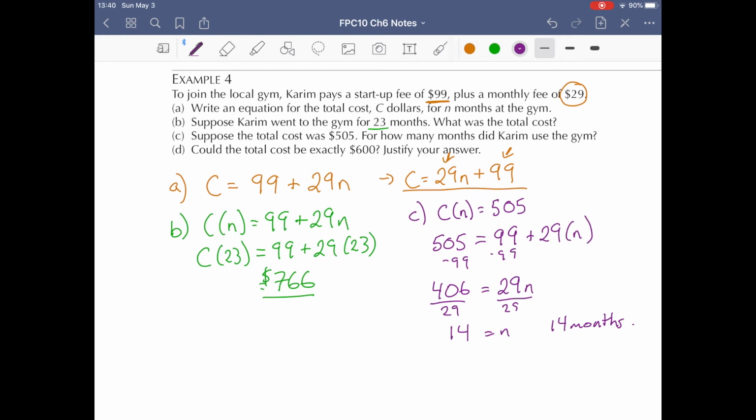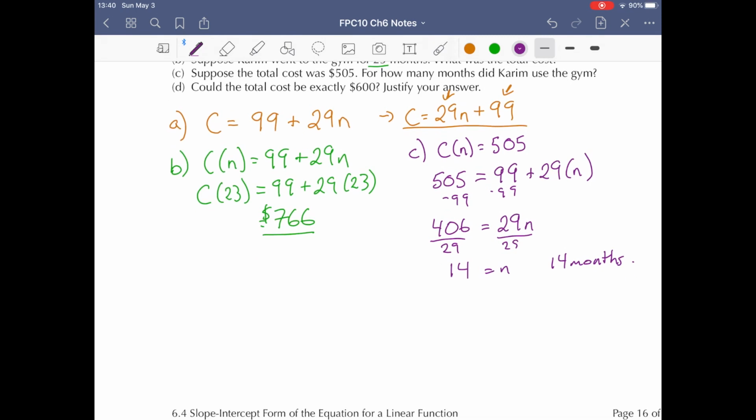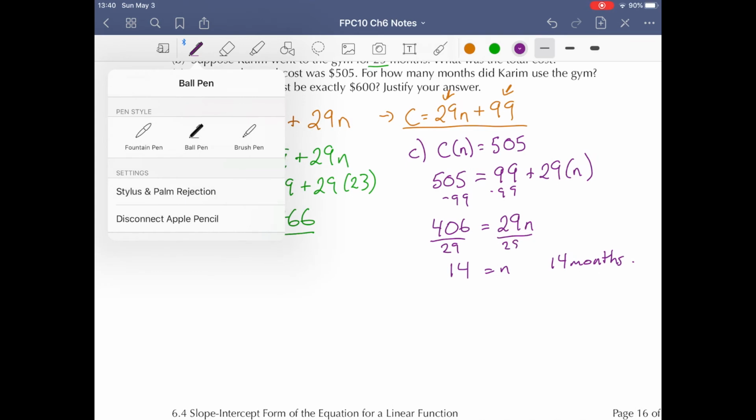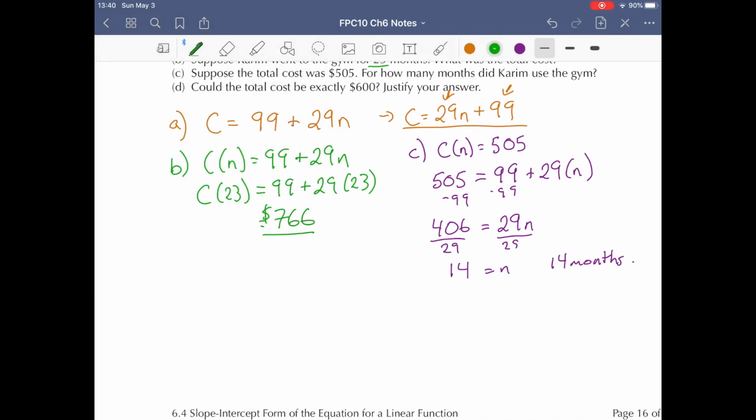Okay, our last one. Letter D. Could the total cost be exactly $600? Justify. Well, you only ever pay in whole number months. So let's see if a total cost of $600 will get us a domain value that is a whole number of months.